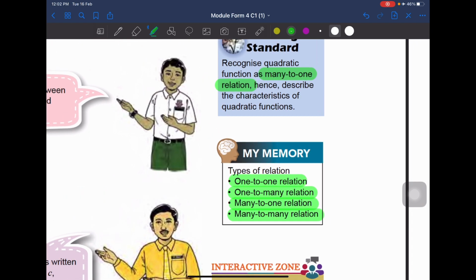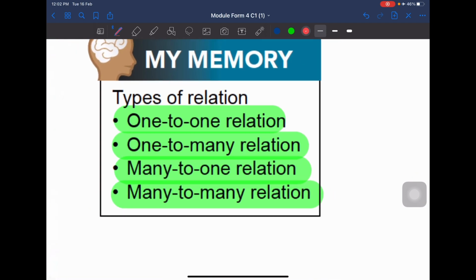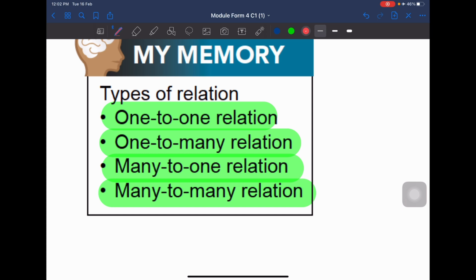But di sini kita nak tengok function, quadratic function. Sebelum tu, dalam 4 relation ini, only 2 are function. Okay, which are, mana-mana yang to one ni? To one.